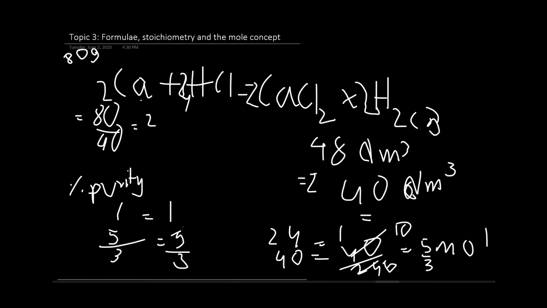So basically this indicates that you only had 5 by 3 moles of calcium in your impure sample, whereas the impure sample had 2 moles in it. So the amount you actually have is 5 by 3, and the amount you have in total is 2.